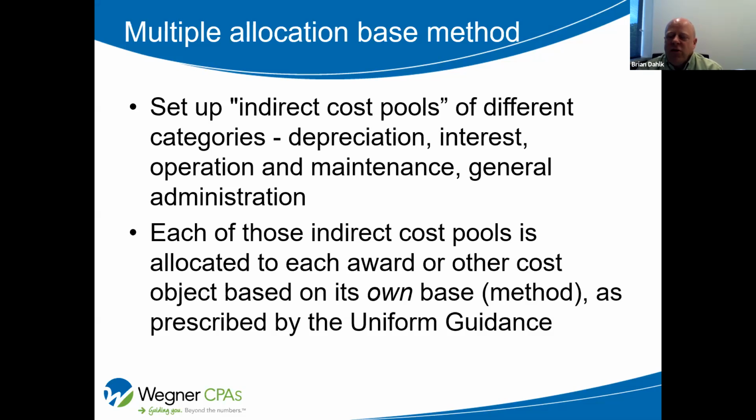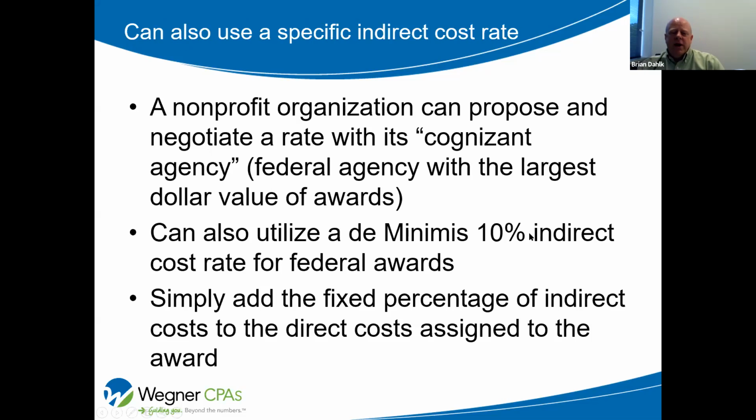And those indirect cost pools are then allocated to the direct categories by different methods. The methods by which the indirect cost pools should be allocated to the direct cost categories are prescribed by the uniform guidance, if you want to take a look at that. Another way to allocate costs to federal awards is to just use a simple, specific indirect cost rate. This is the easiest of the methods that we've discussed so far.